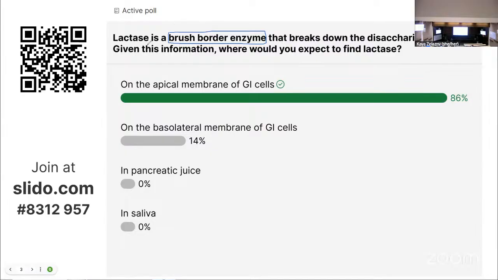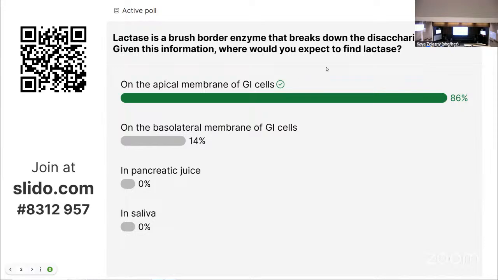So lactase is an example of one of the types of enzymes we would have in that brush border, fully getting us down to those monosaccharides that you're able to absorb across a cell membrane.